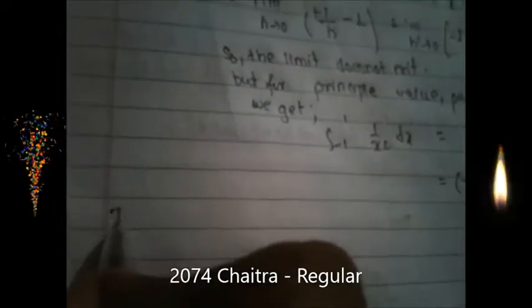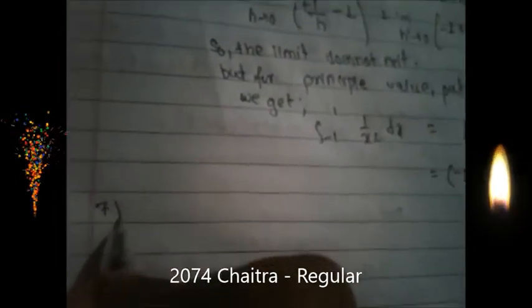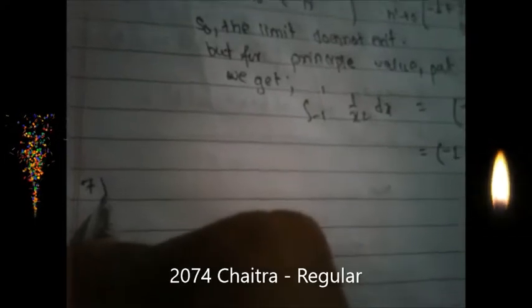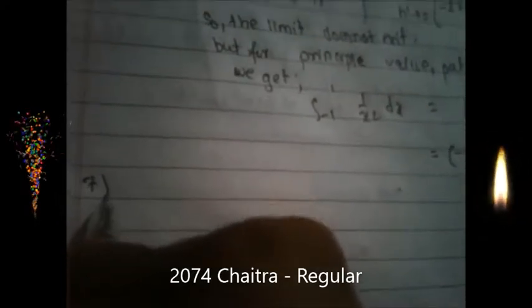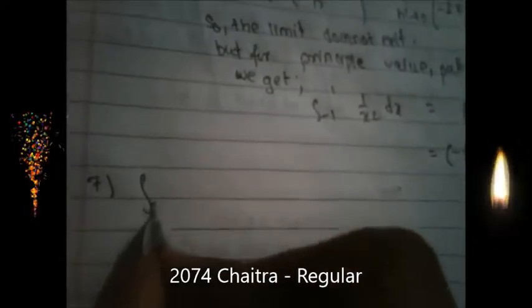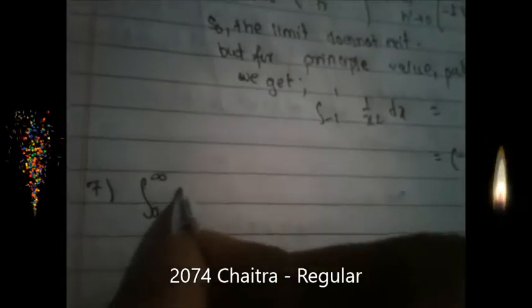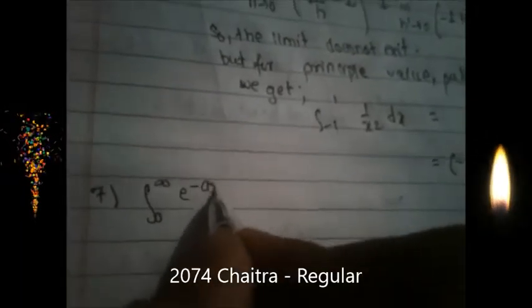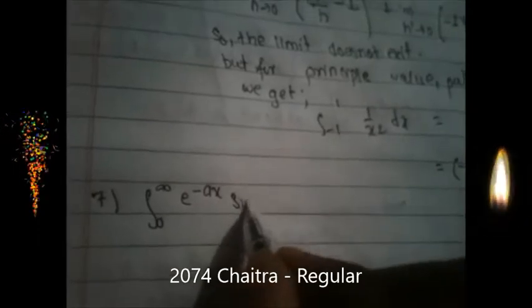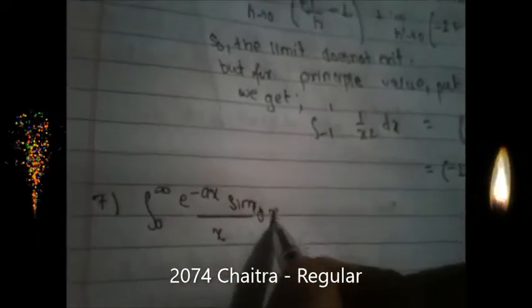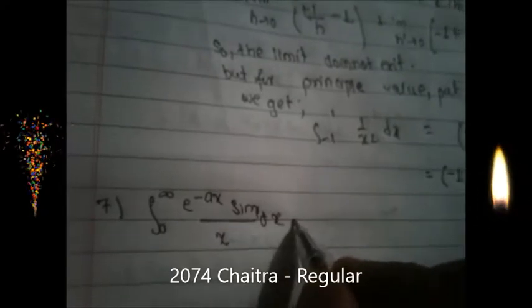It is question number 7, which asks: apply the rule of differentiation under the integral sign to evaluate the integration from 0 to infinity of e to the power minus ax sin x by x dx, and hence deduce.